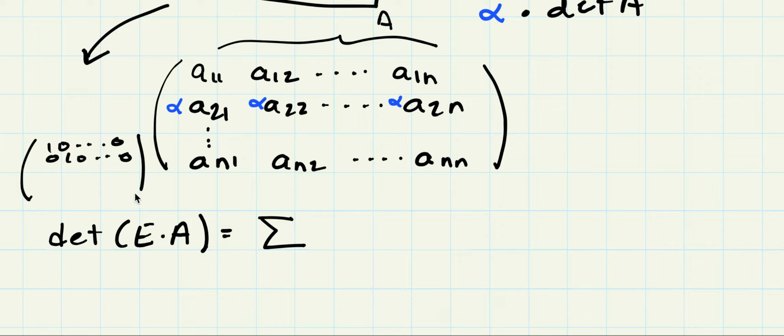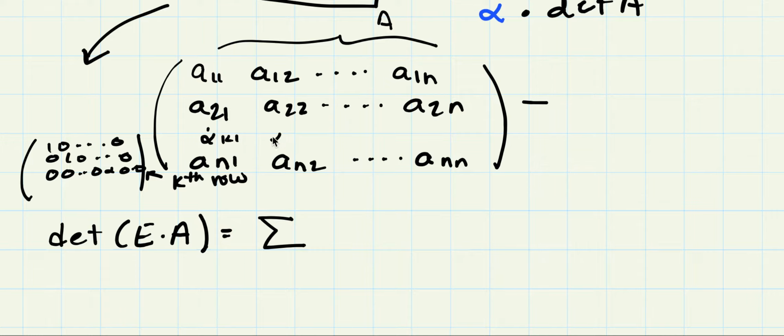And because it's n by n, I don't know specifically which row alpha is on, so I'm going to say that it's on the kth row. And what I'm going to do is take the determinant. So this is going to be, let me make a little insertion here.